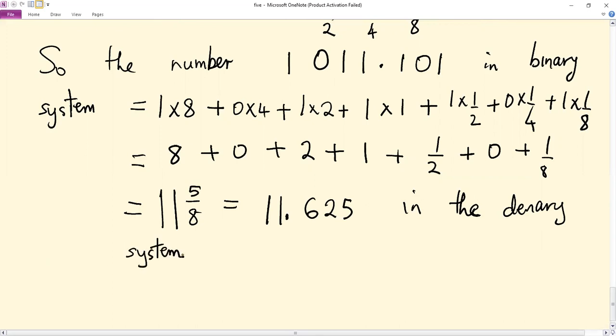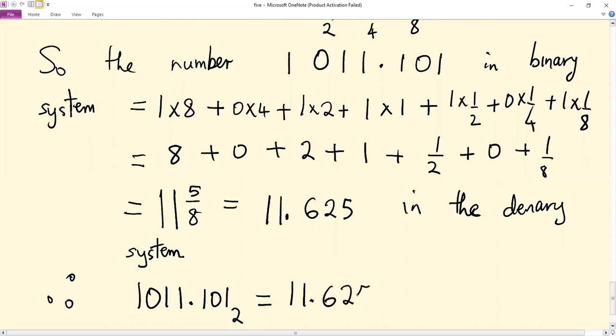So that's what we have. Therefore, 1011.101 to base 2 is the same as 11.625 to base 10.